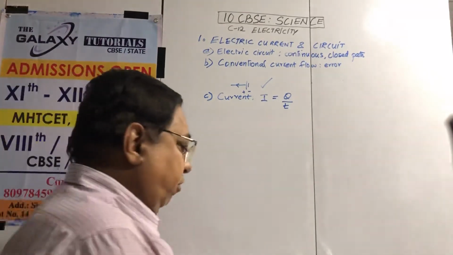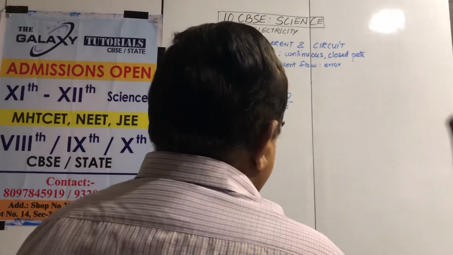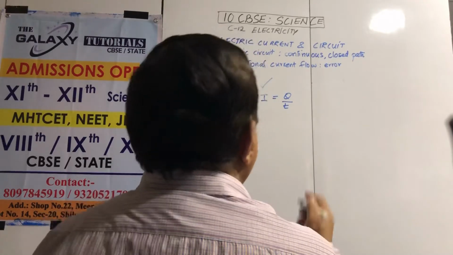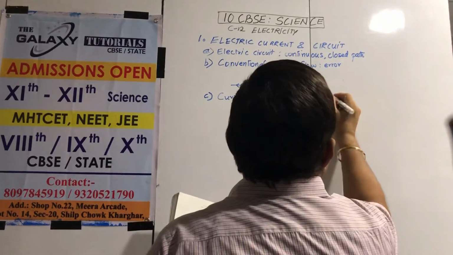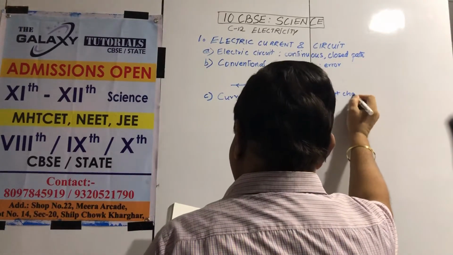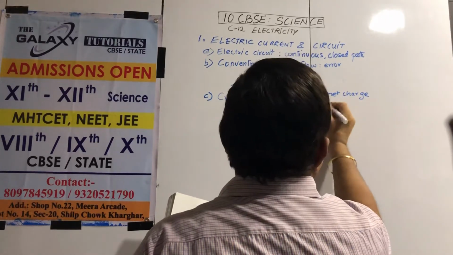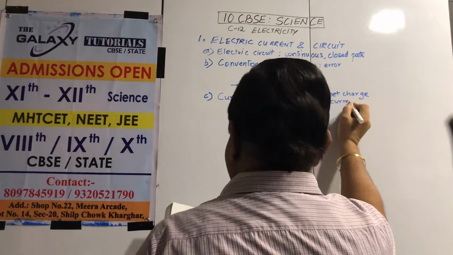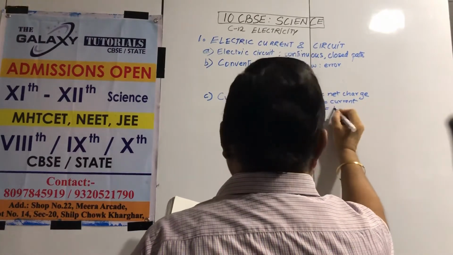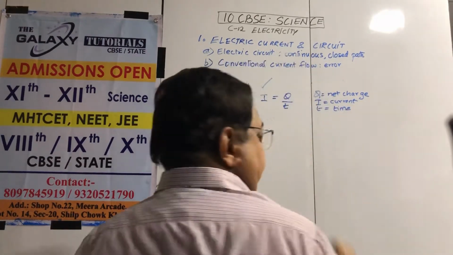This is how we are defining current. So we will have to write Q is the net charge which flows across the conductor, I is the current, and T is the time for which it is flowing.